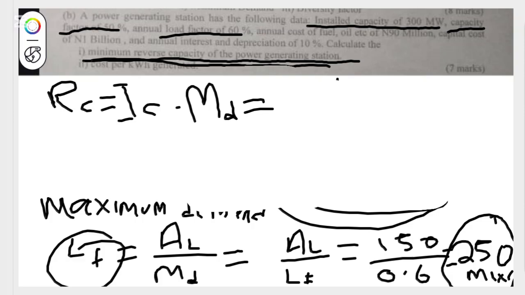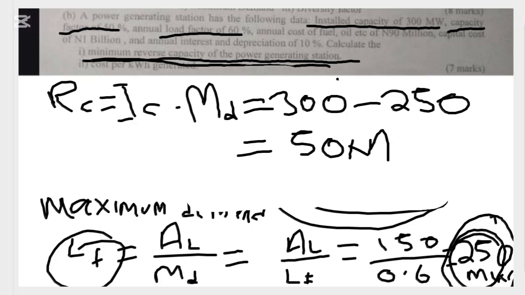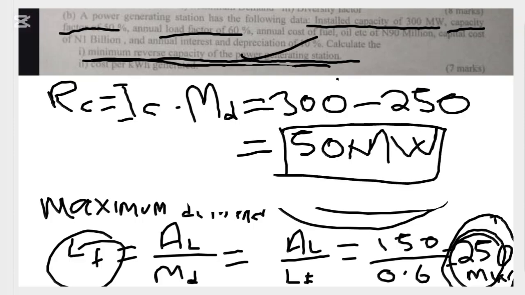As you all know, the installed capacity is 300 megawatts. So it will now be 300, and I have to subtract the maximum demand. My maximum demand is 250 megawatts. So I will say 250. So this should now be 50 megawatts as the final solution of this.